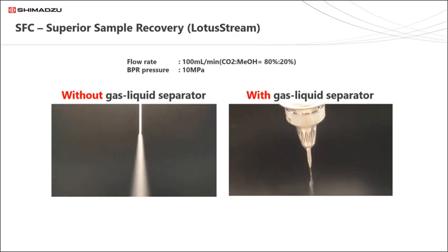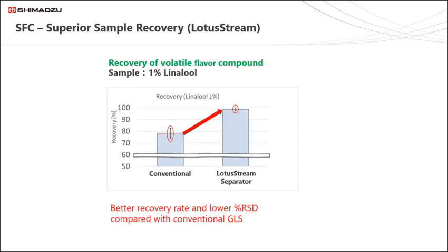Note that both are flowing at 100 mL a minute. The clear benefits of its design can be seen in these results, with the volatile compound linalool recovery being clearly superior and with better relative standard deviation.